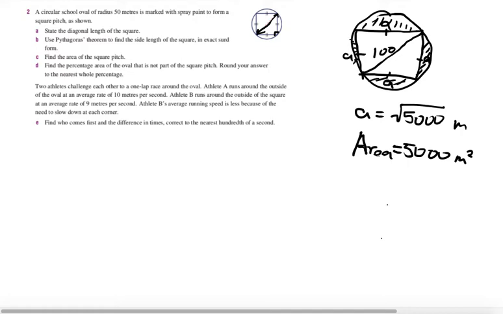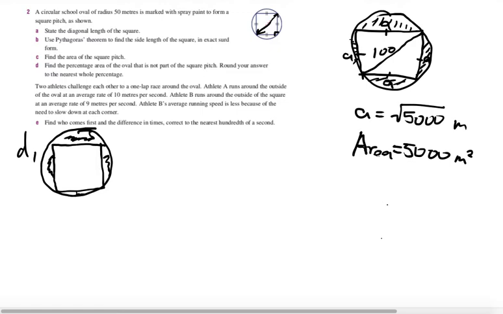So to do that, we're going to work out the total area of the oval. This is part D. We've got the square pitch in the middle, and we only want the shaded areas.